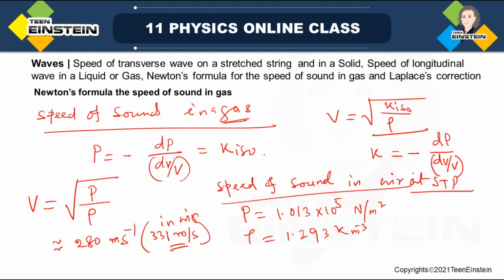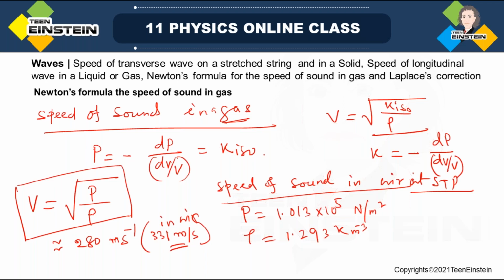So there must be something wrong with the formula which we have written here. According to Newton, the speed of sound in a gas is given by v is equal to square root of pressure by density of the gas.